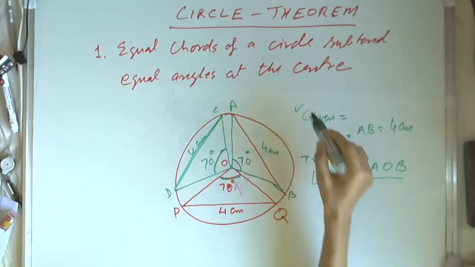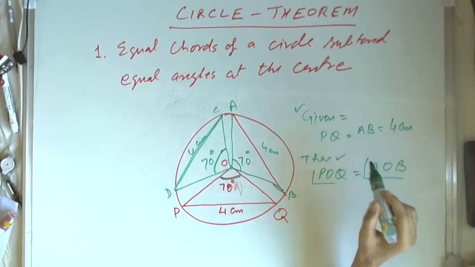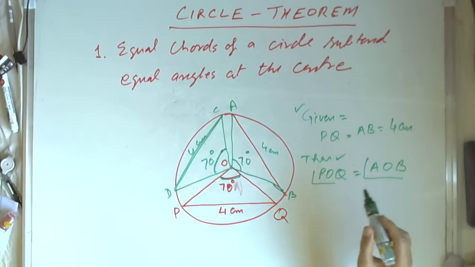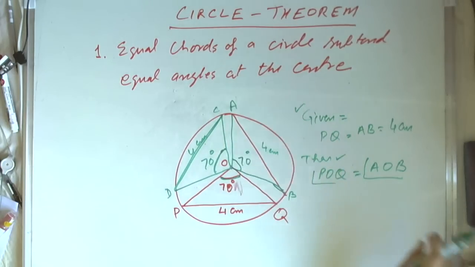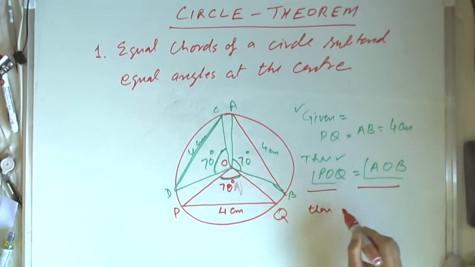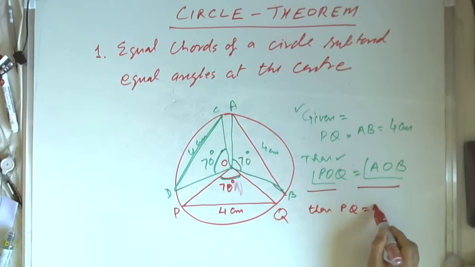If this is given, then this is true as per the theorem, and the converse is, if angle POQ is equal to AOB, then PQ equal to AB. So this is the converse of the theorem.